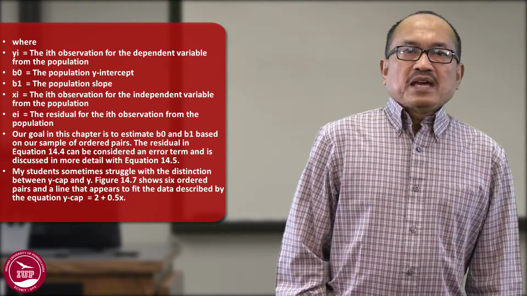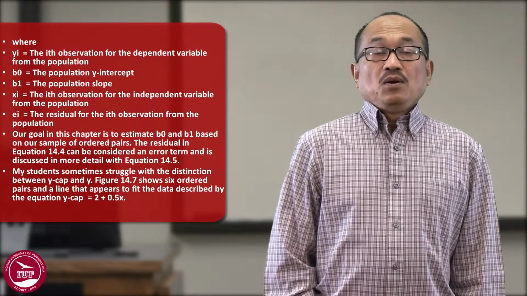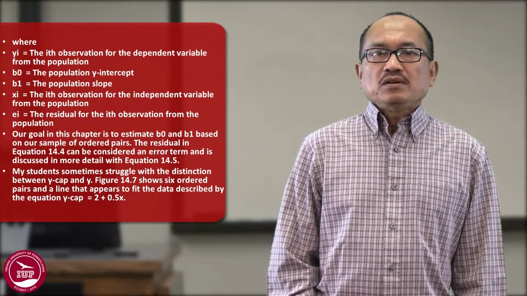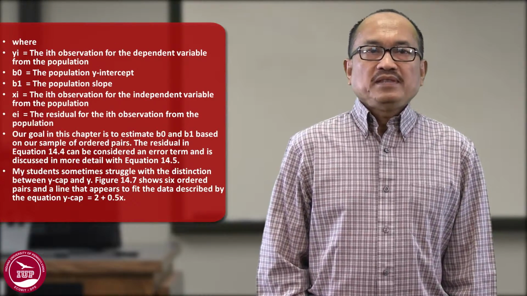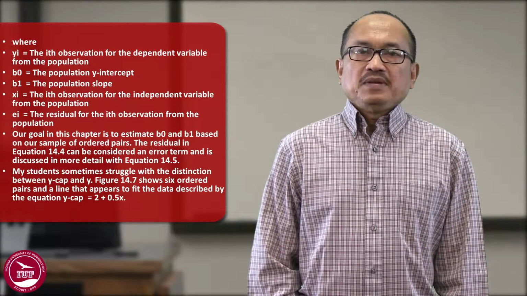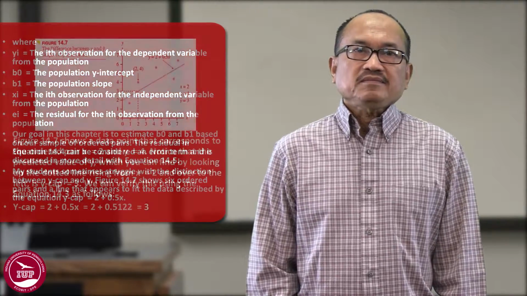My students sometimes struggle with the distinction between ŷ and y. Figure 14.7 shows six ordered pairs and a line that appears to fit the data, described by the equation ŷ equals 2 plus 0.5x.